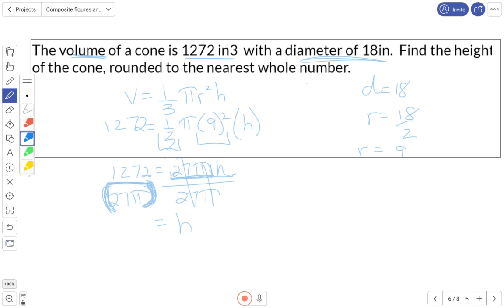And then you end up with 14.99593. It goes on for a while. The question says to round to the nearest whole number. So nearest whole number, this would round up to 15. So the height of this cone is 15 inches.